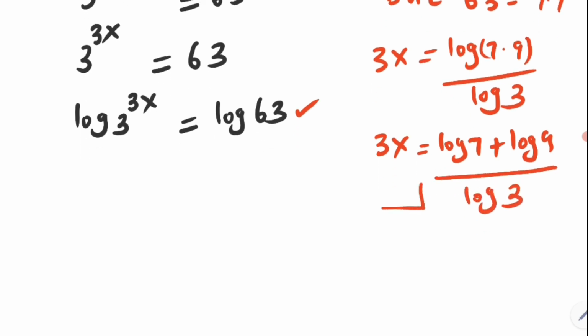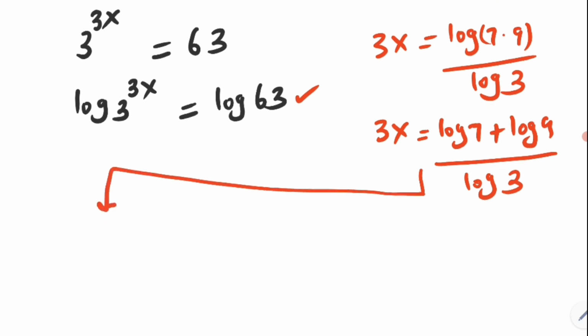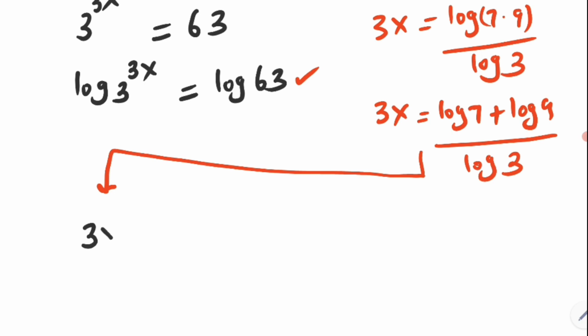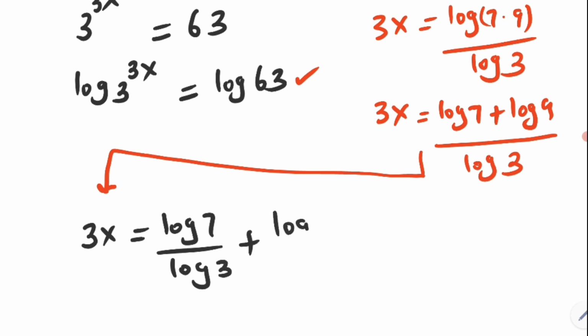And from here, then we have 3x is equal to log 7 over log 3 plus log 9 over log 3.